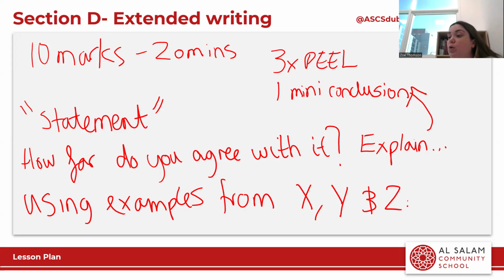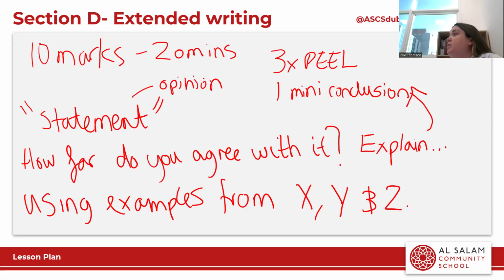So, for example, if you read this statement, it's an opinion-based question. So everyone's is going to be different. So if you read this and you think to yourself, I don't agree with that, okay, you can disagree with it. Now, obviously, I say you're going to be writing paragraphs.